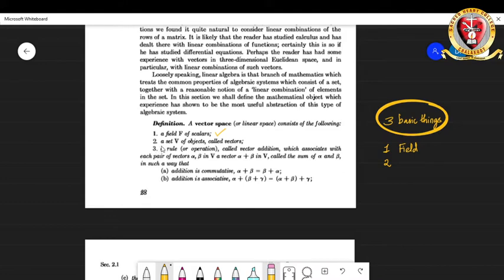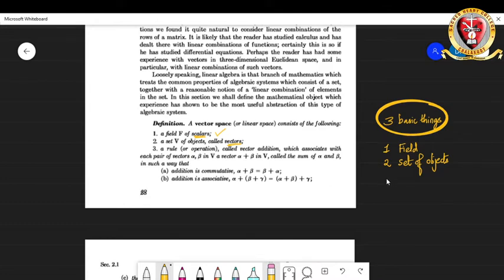The next one is a set V of objects, which we call vectors. So you have a bunch of scalars, then you have a bunch of vectors.